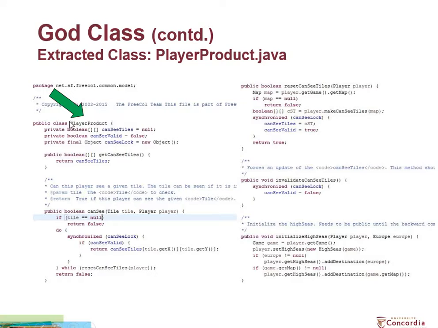As you see here, this is our new class, PlayerProduct, and we have extracted some functions such as canSee, resetCanSeeTiles, and other functions which are related to each other, and we have put them in the new class.